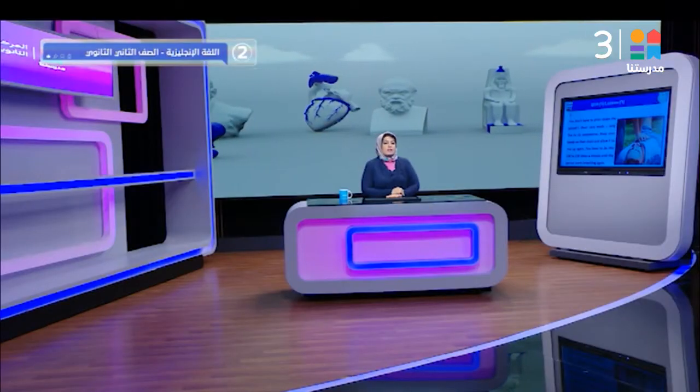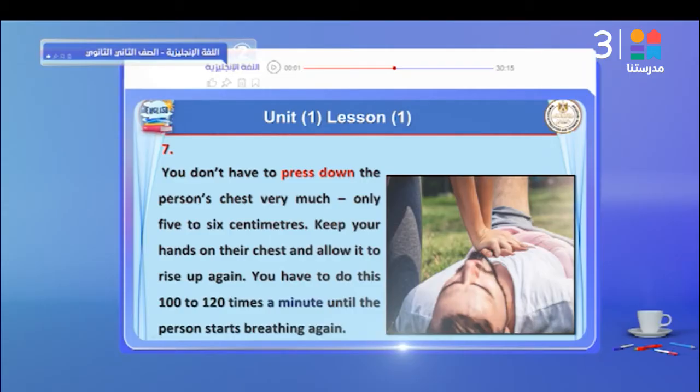And the 7th tip says, you don't have to press down the person's chest very much. You don't have to. Don't have to معناها إيه؟ إن أنا المفروض أعمل ولا مش أعمل ولا إيه بالظبط معنى you don't have to press down. يعني أنت مش مضطر. Okay? It's not a necessity. دي مش اضطرار.